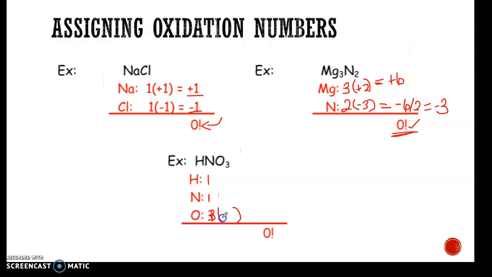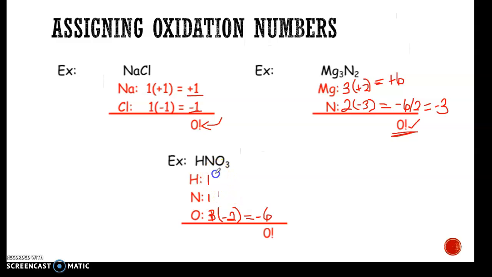I'm using my periodic table to find this out. If you need to look at your periodic table, it is on the top right of that element tile. Alright? So it's -2. So 3 times -2 would give us -6. Right? So that means hydrogen and nitrogen together need to give us +6 to cancel out -6.